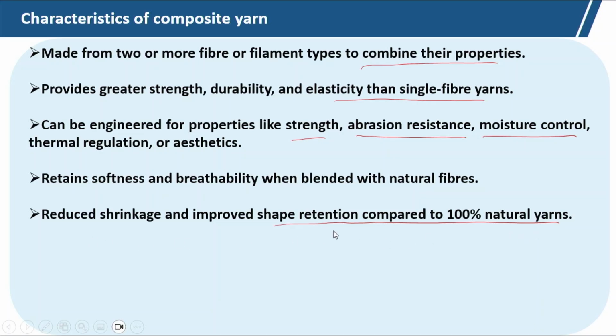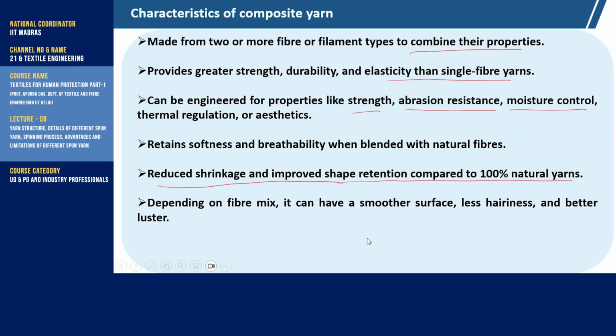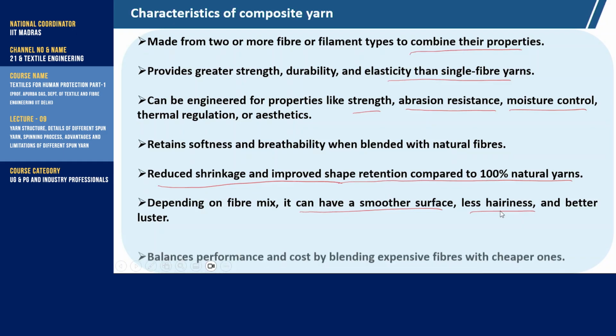So, that is a type of yarn we can create here. Depending on the fiber mix, it can have smooth surface, less hairiness or better luster. So, different types of yarn structure or yarn characteristics we can create.